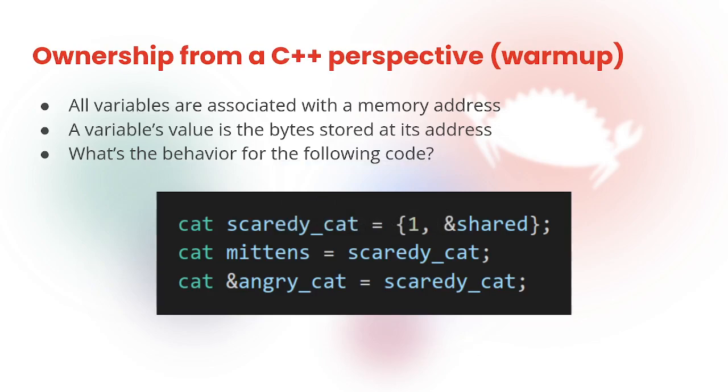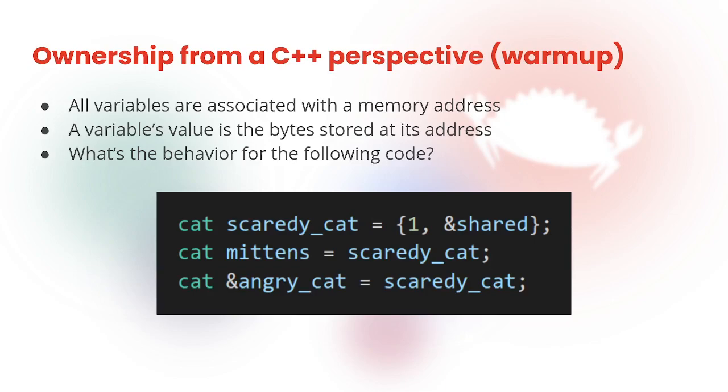What would this line do? Cat mittens equals scaredy cat. It makes a copy. So what's the relationship between mittens and scaredy cat? Do they have the same address? No. Is mittens a copy?